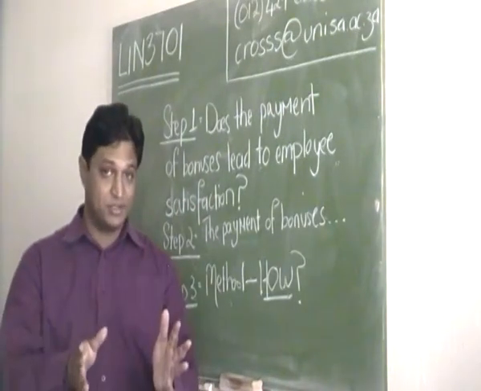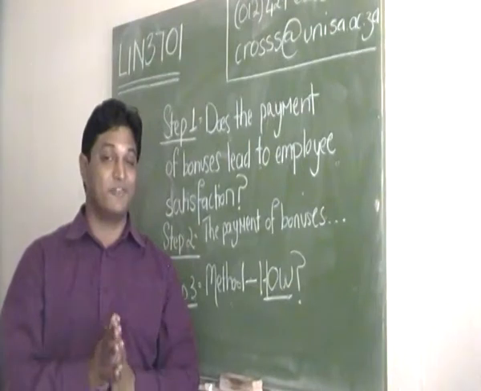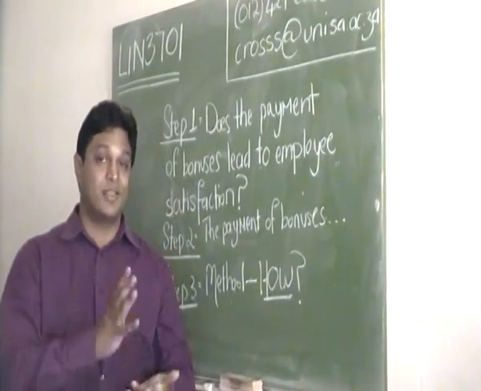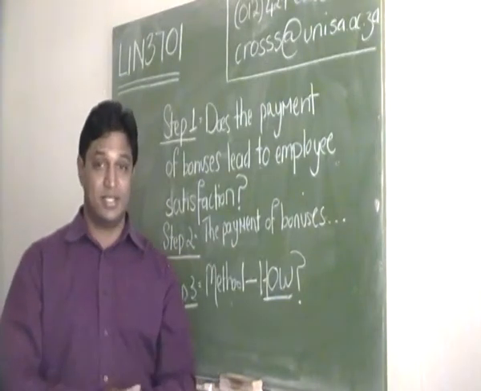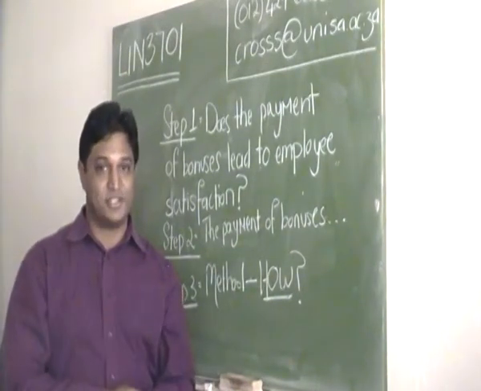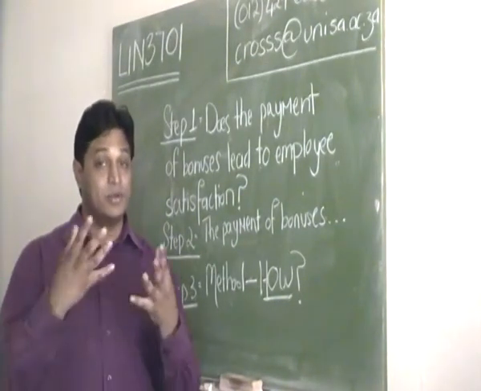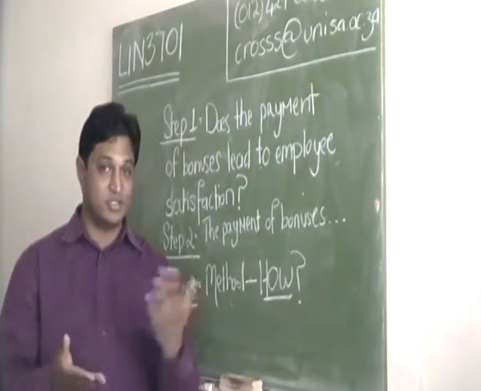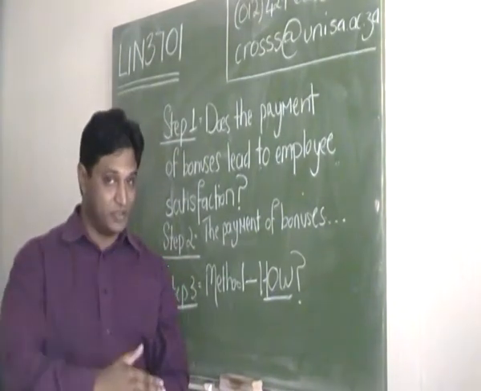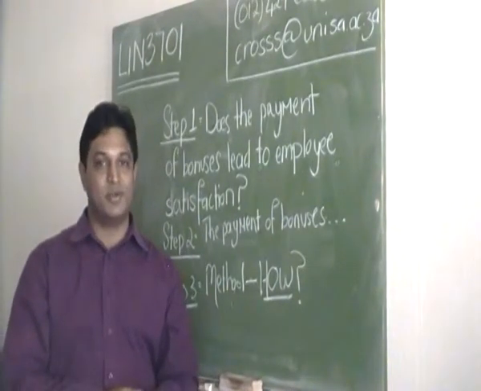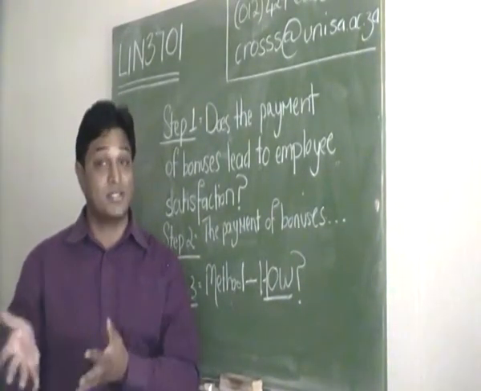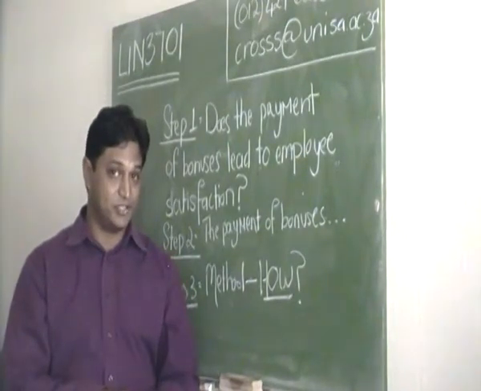It's a statement, a rather bold statement, it's a falsifiable statement, it's one that we can test. So we are assuming that it does lead to employee satisfaction. And our research will either prove or disprove that. So at the end of the research, we can actually say, yes, it does lead to employee satisfaction, or no, it doesn't seem to lead to employee satisfaction.